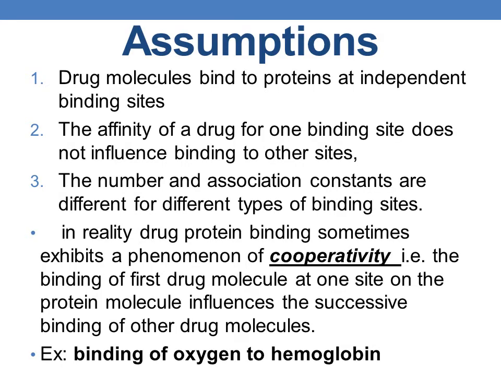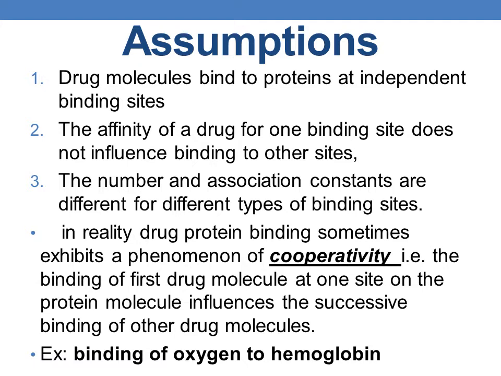And to use the previous equation as any other mathematical equation, we have certain assumptions. What are they? First, the drug molecules bind to protein at independent binding sites. Second, the affinity of the drug for one binding site does not influence the binding to other sites.